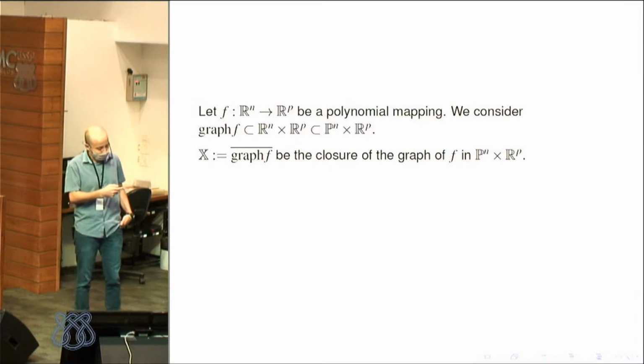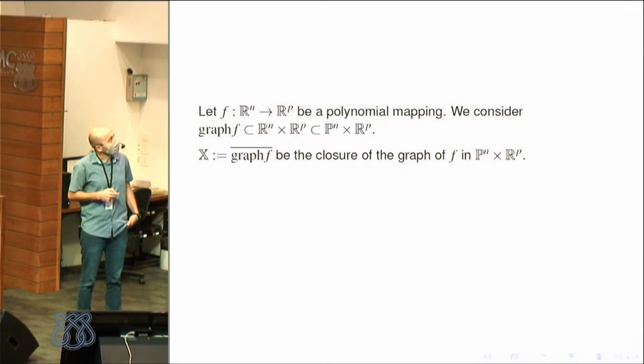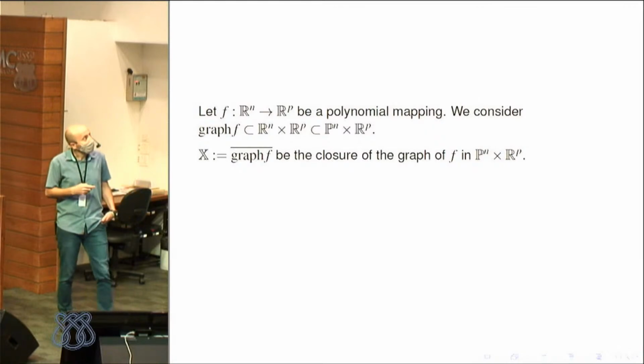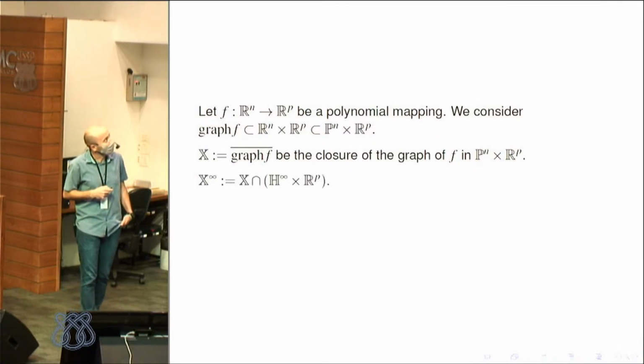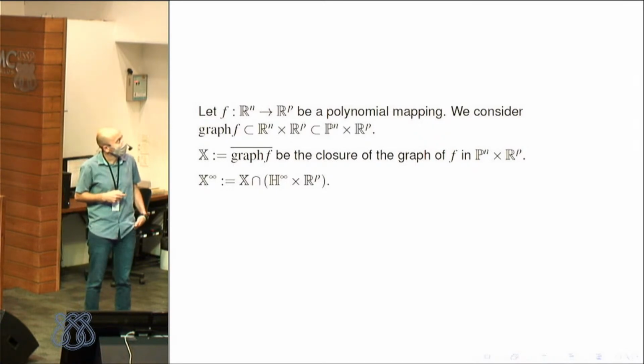We define X as the closure of the graph of F in Pn times Rp. We denote by X infinity the intersection of X with the hyperplane at infinity times Rp.